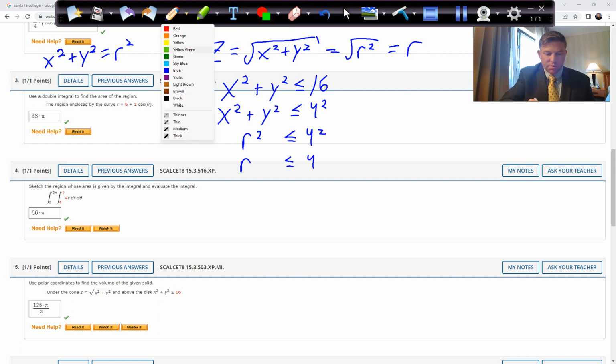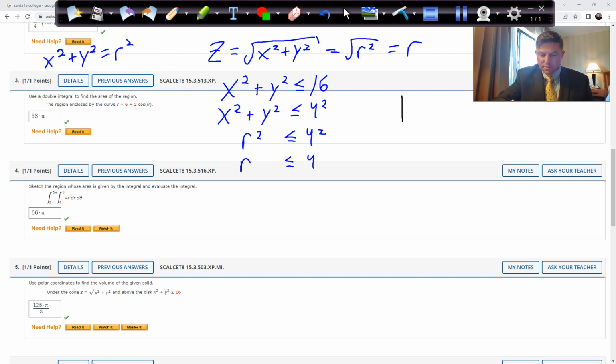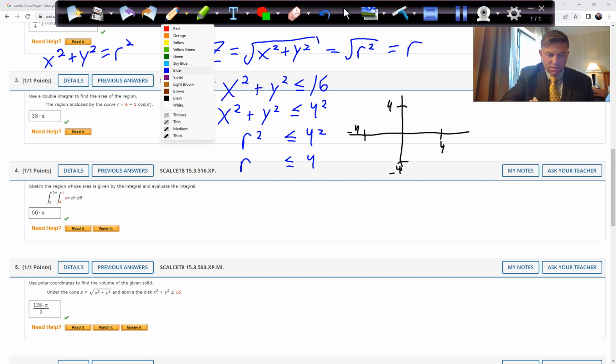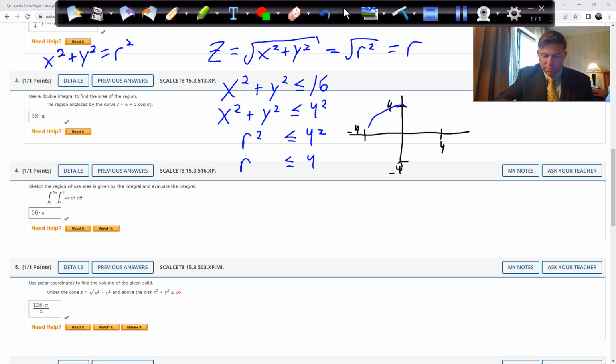So when we draw this region that they're interested in, it's going to be 4, 4, 4, 4. And it's another circle. So they're looking for this whole thing, that circle with radius less than or equal to 4.